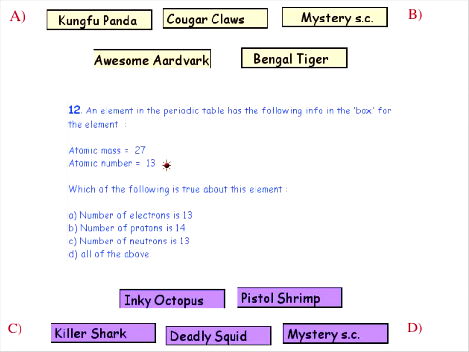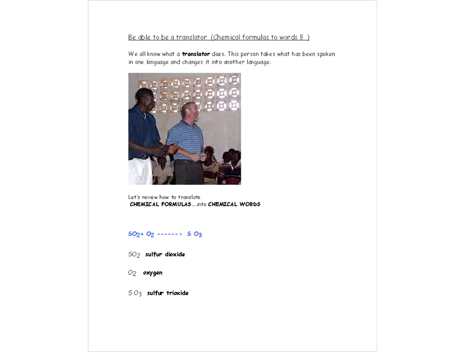Because the atomic number is the number of electrons or protons, right? The number of protons is 14. That's false. It's 13. Number of neutrons is 13. No, because you would subtract the atomic mass minus the atomic number, and that's going to give you 14. So the one that's true is number of electrons is 13. Okay? Good stuff. All right, so again, sorry guys, I'm just going to have to rush through these a bit.